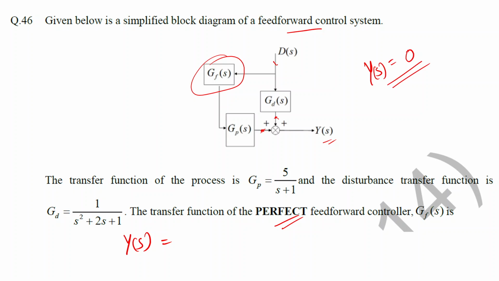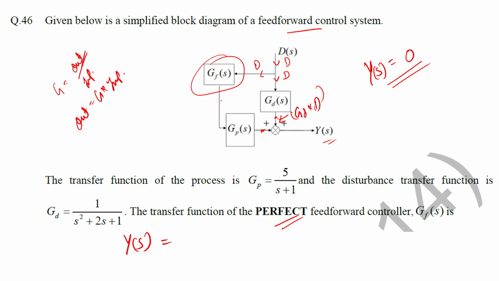Over here, my input or the disturbance is D. So over here also it will be D. Now, since we are having a block in between, the transfer function is output upon input, so output will be G into input. Over here, the transfer function G is Gd and the input is D. So it will become Gd into D. This is at this point.